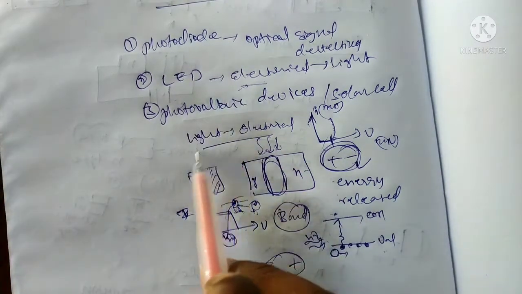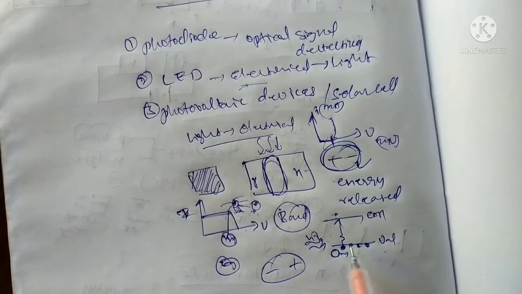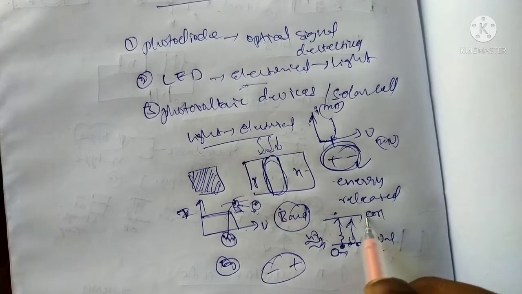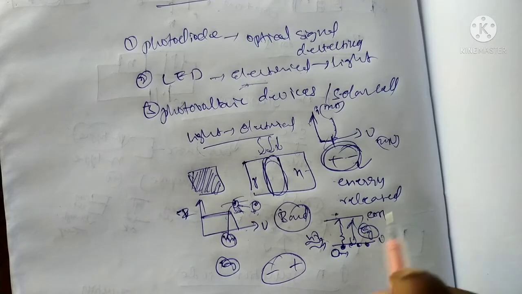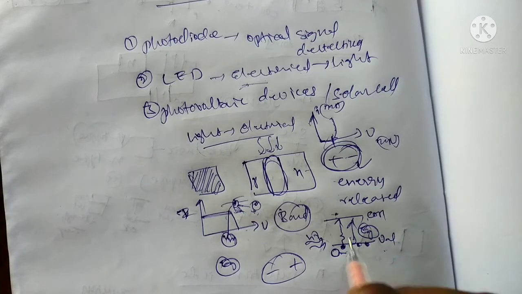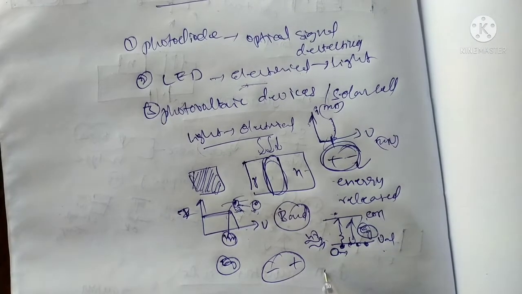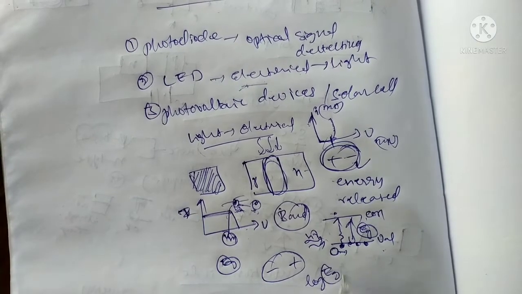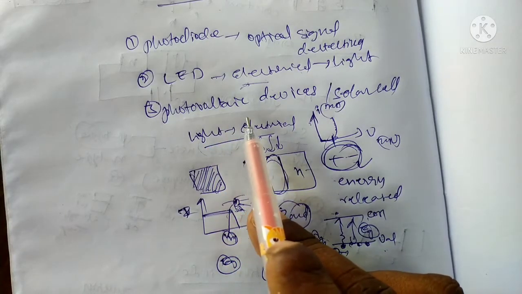In the case of the LED and solar cell, we use a low band gap material. Low band gap means the distance between the conduction band and the valence band, which is called the energy gap, is low. Electrons easily jump from the valence band to the conduction band. When electron flow occurs, current is created. The number of charge carriers increases, so current also increases. This is only for low band gap materials in the case of LED, solar cell or photovoltaic devices.